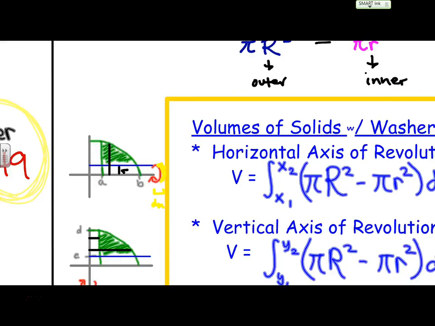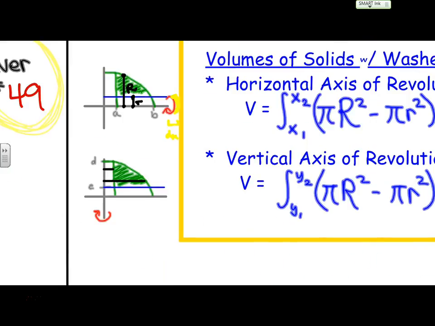I'm going to put a little r, and I'm going to put a capital R. So big R is the bigger one, the outermost minus the axis. Little r is going to be the innermost minus the axis. So make sure we do top first and then bottom.